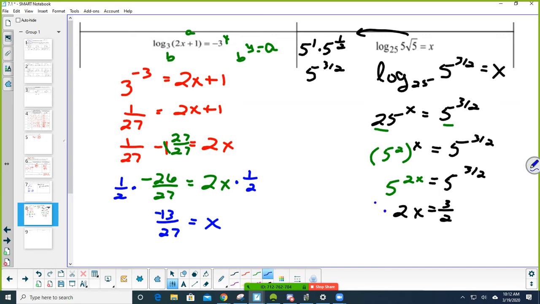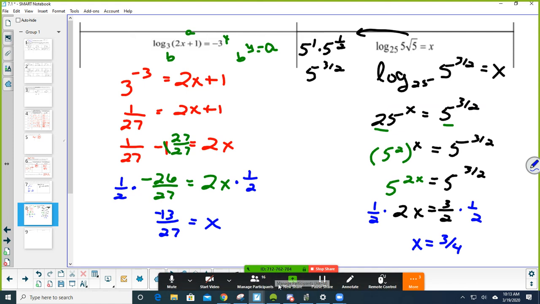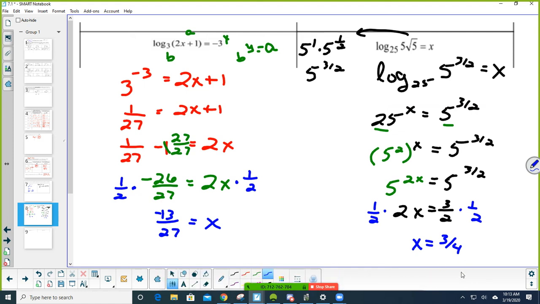Multiply both sides by the reciprocal, and x equals 3/4. So again, let me give you a minute to look at that. See if you have questions for me. Okay, if there's none, I've got 2 more examples to do, then we're done.